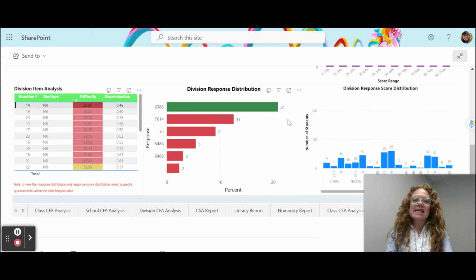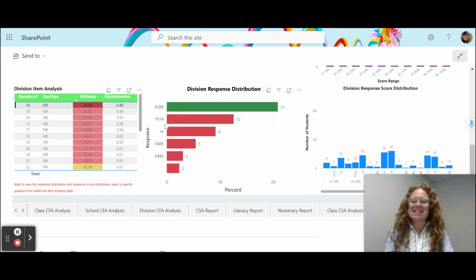I can see that 21% of our population got this question correct, identifying that the answer was 6,386. I can see that 13% of the total population that wrote this question got it wrong with an answer of 7,614.